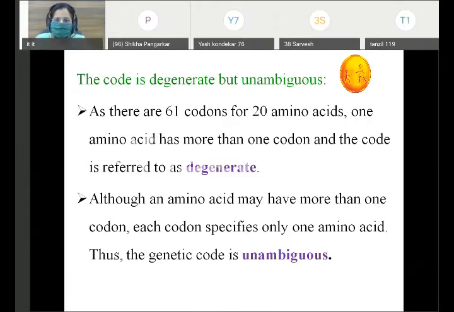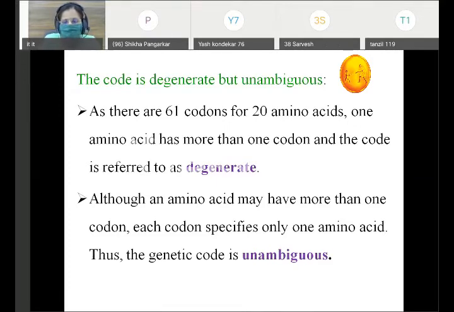Now coming to the next property, it is unambiguous. Although an amino acid may have more than one codon, each codon specifies only one amino acid. That means one amino acid can have many codons representing it, but a single codon will represent only one amino acid.